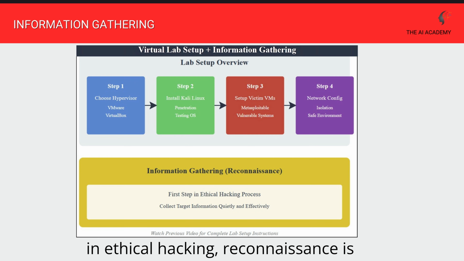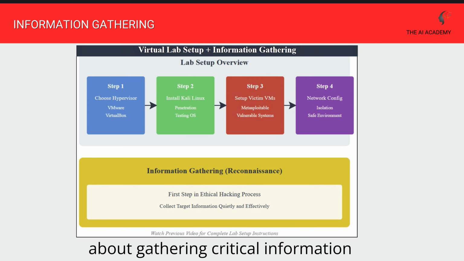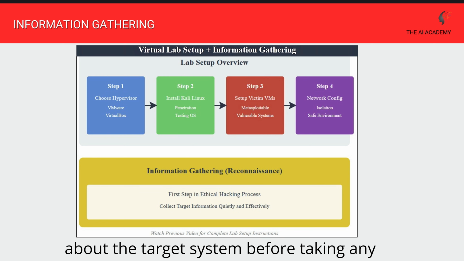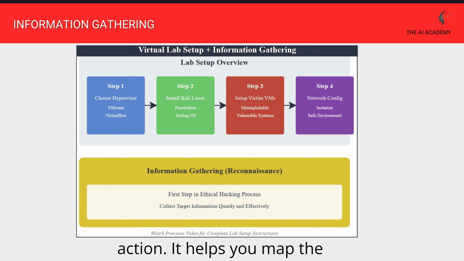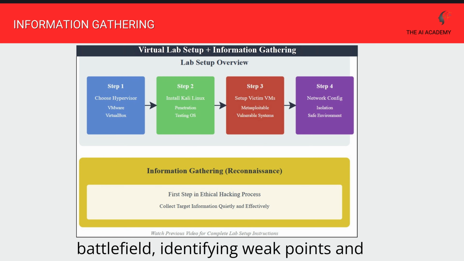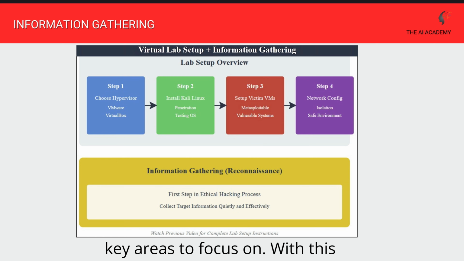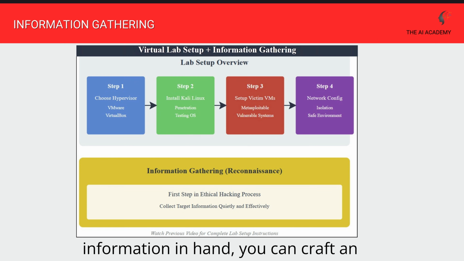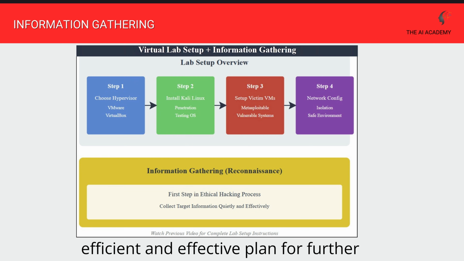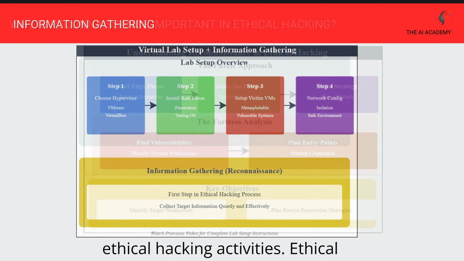Similarly, in ethical hacking, reconnaissance is about gathering critical information about the target system before taking any action. It helps you map the battlefield, identifying weak points and key areas to focus on. With this information in hand, you can craft an efficient and effective plan for further ethical hacking activities.